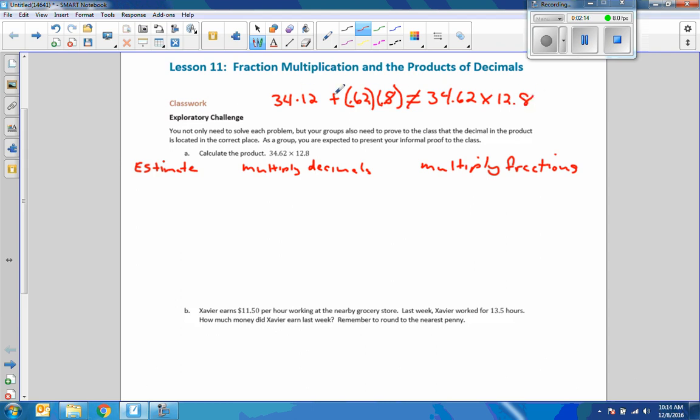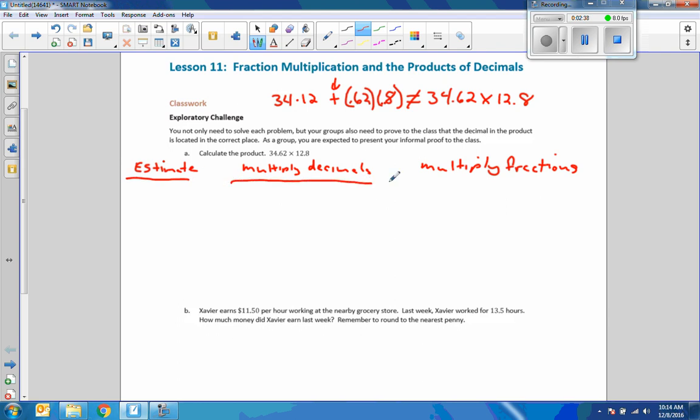That is not how we do it. This is an issue. You will not get the right answer. So don't multiply the whole number and then multiply the decimal and add them together. You can only do that in decimal addition. You can add whole numbers, add decimals, and then combine them when we're done. You can't do that with multiplication. So just so you know, do not do that.